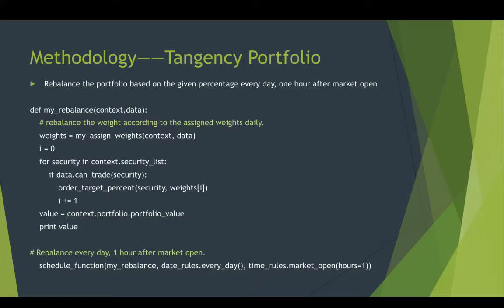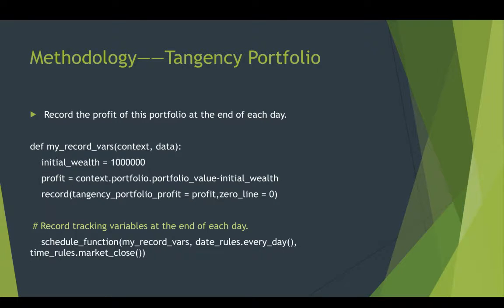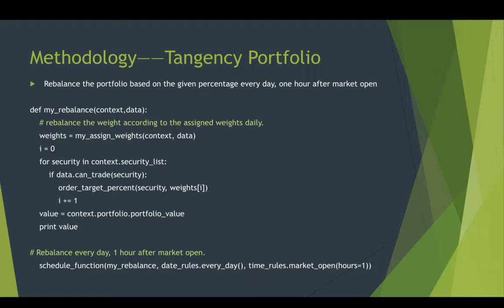For each stock we set its weight to that constant weight, and then we record the profit of this portfolio at the end of each day, and we adjust it daily so that the weights stay constant. So we use this record function and this rebalance function.